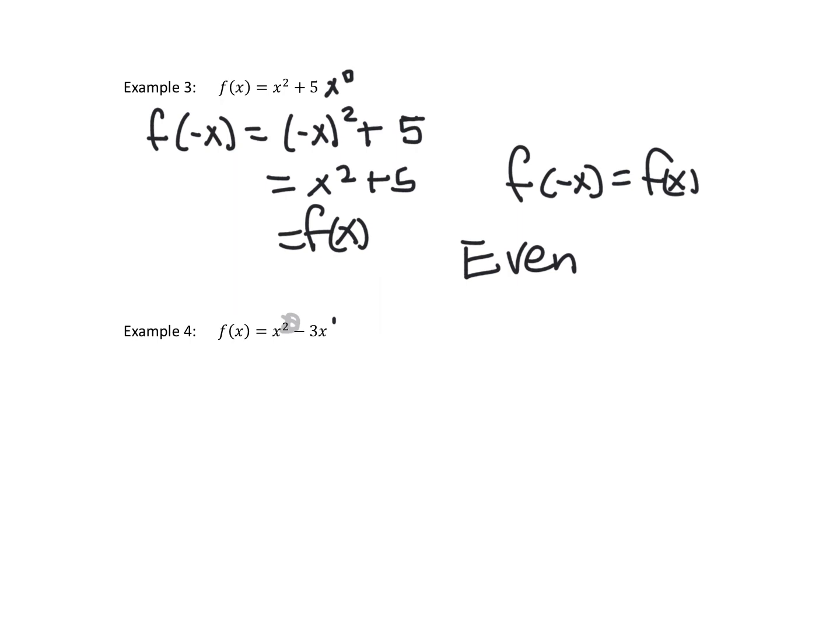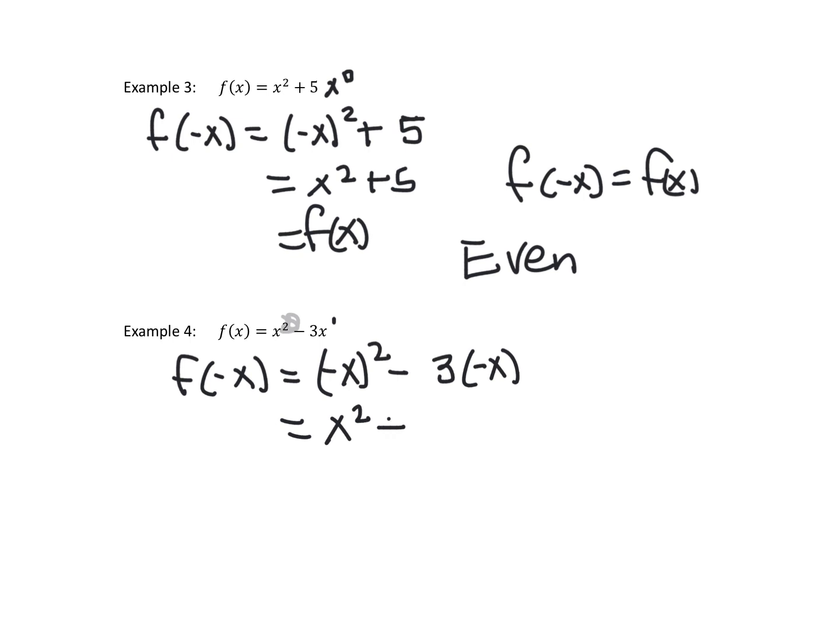I just need to show it. So I'm going to plug in negative x. So this becomes (-x) squared, and then minus 3 times (-x), and when I simplify, I get x squared plus 3x.